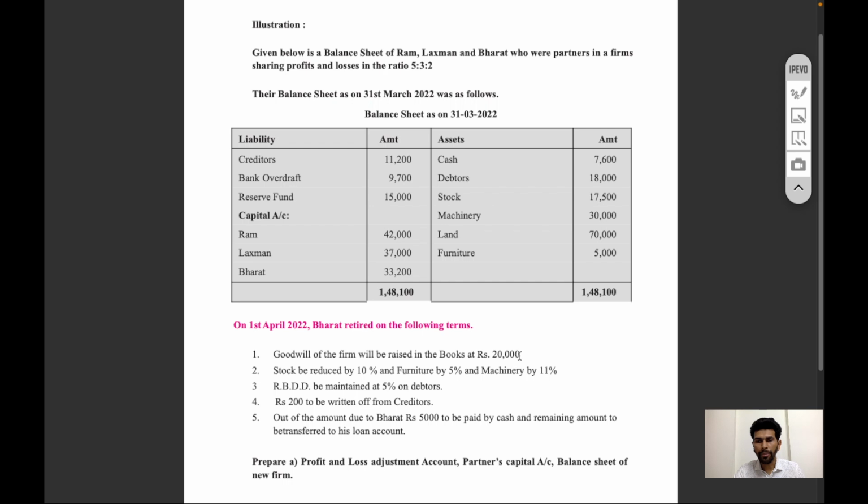for 20,000 rupees. So at the time of raising the goodwill, the treatment is goodwill account debit to old partners' capital account in the old ratio. So 20,000 rupees will be distributed among old partners in 5:3:2.